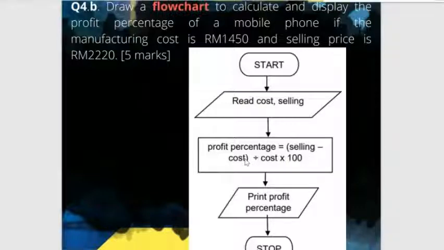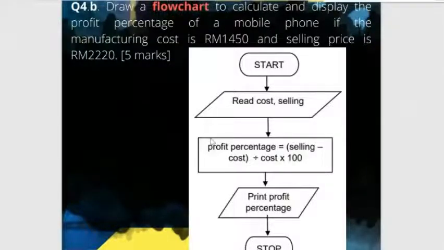But the question asks for percentage. So if it's percentage, it involves divided by cost times 100 because you want to know the percentage. Okay, so this is the formula that you need to use, because the question asks for percentage. And after that, we print profit percentage before we stop.